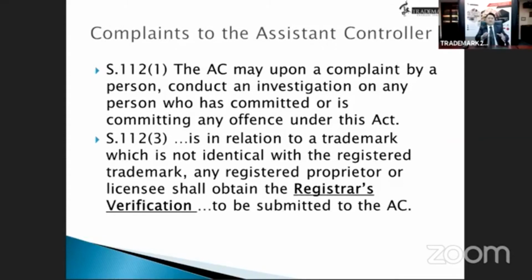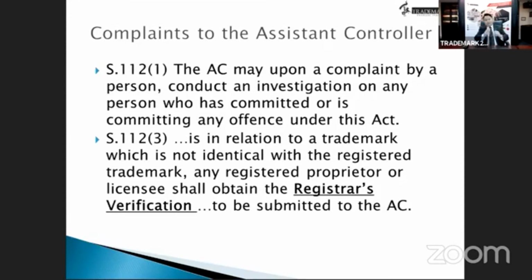The assistant controller in this case will refuse to investigate or act on it, unless the registered proprietor, that means the complainant, first seeks the registrar's verification.